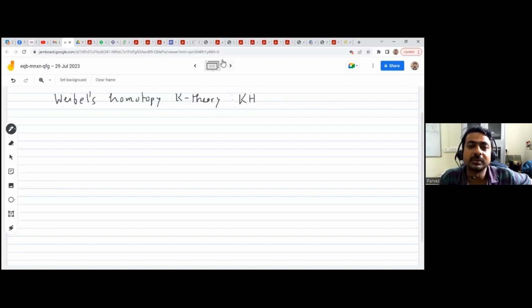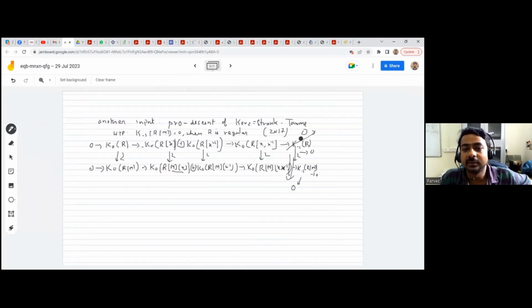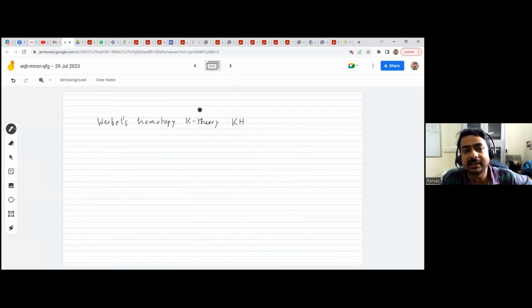From negative K-theory, you saw how the negative K-groups are defined, right? The K minus 1 and so on. In that way, one defines this at the spectra level. Let me do it at the ring level.